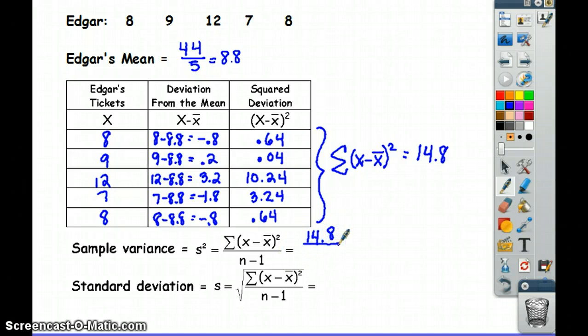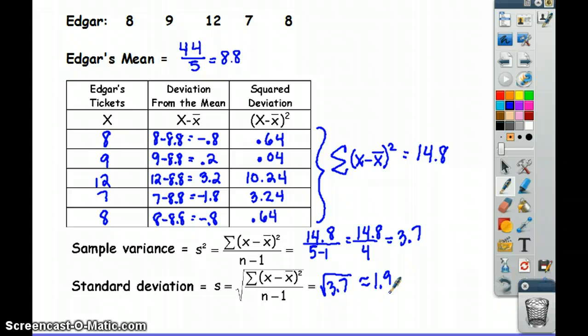My denominator, once again, I'm still working with 5 data points, so 5 minus 1. That's about 3.7. The standard deviation is simply the square root of the sample variance, about 1.9.